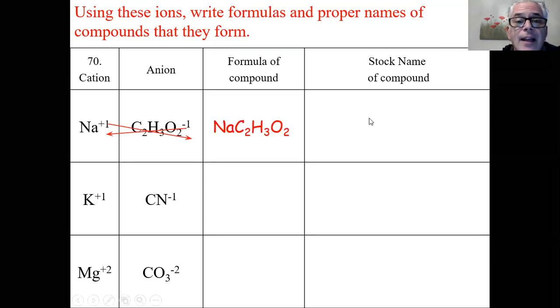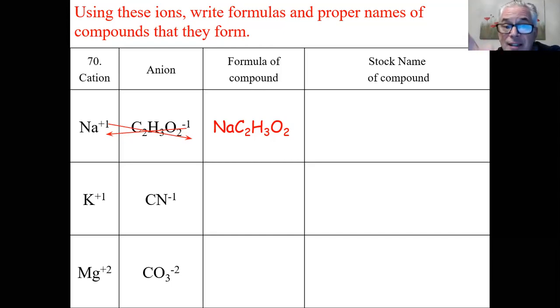We're going to get this, NaC2H3O2. Now the C2H3O2 is called the polyatomic anion, and its name happens to be acetate. It's the one right underneath ammonium, the fourth one down on the left column, table E. No numbers, right? The sodium gets a 1 and the acetate gets a 1.